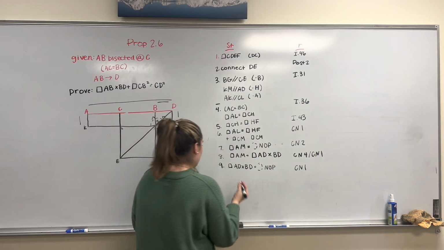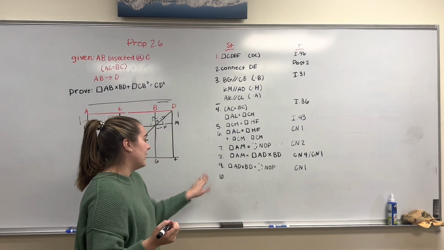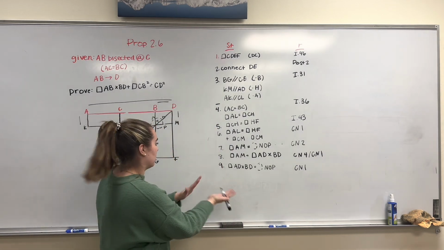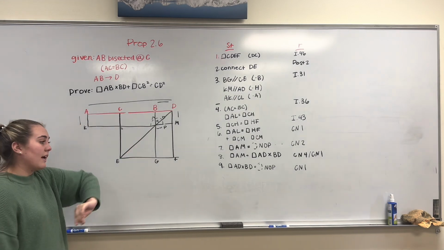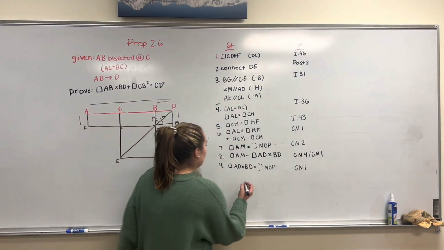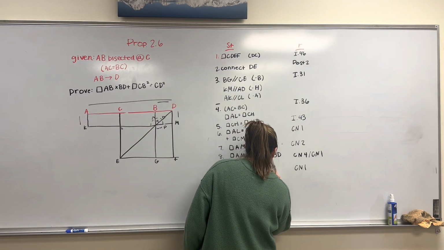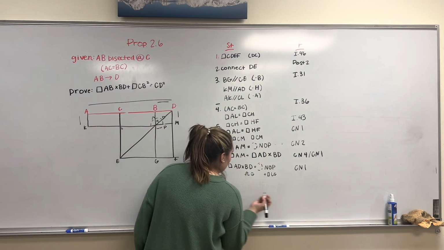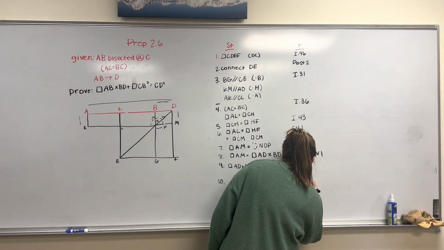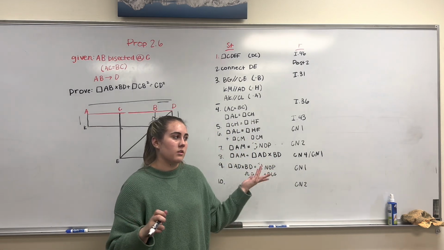So there's that. Okay, so now that we have that, we are going to add another thing into this equation. We haven't even touched this figure LG, so we're going to add LG to both sides of this. So plus LG. That would also be common notion 2, why we're adding LG. If you add equals to equals, the remainders are equal.